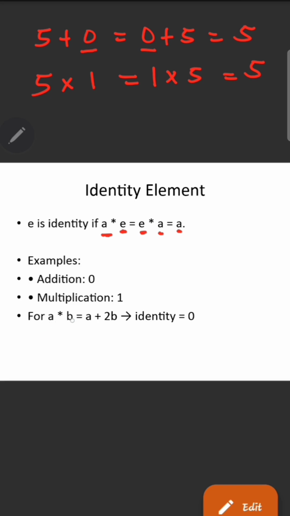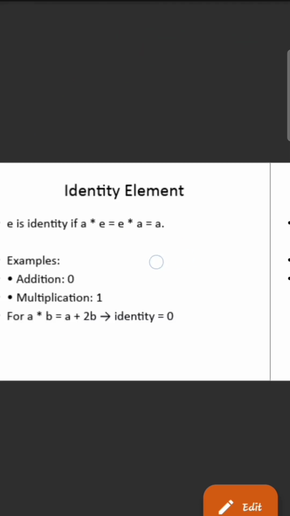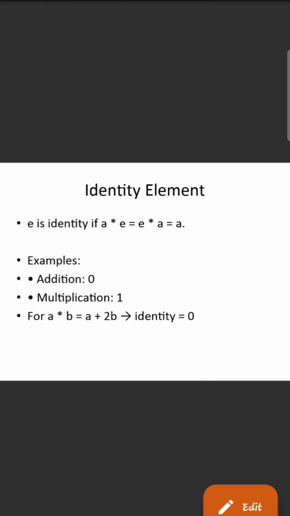Now look at this example. A operation B is equal to A plus 2B. They said the identity element of this one is 0. What identity means is any number that you multiply or add to another number and it will still give you the same value.